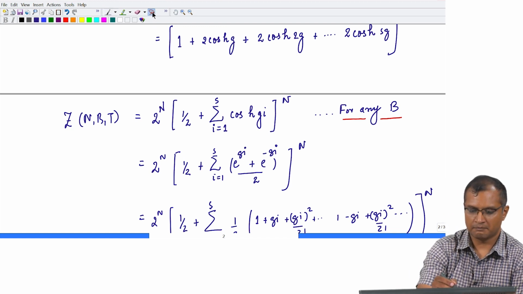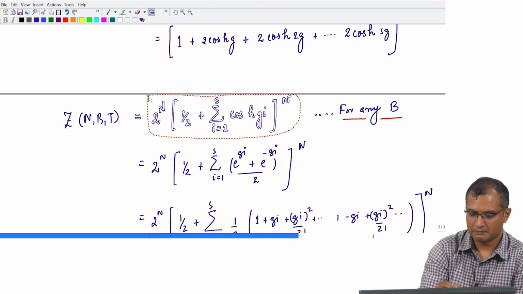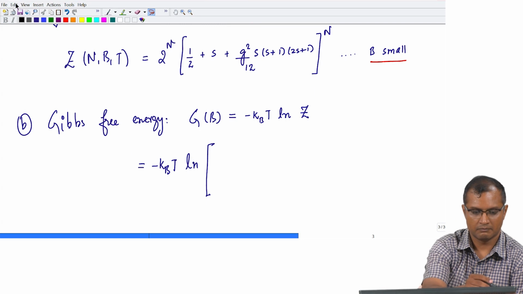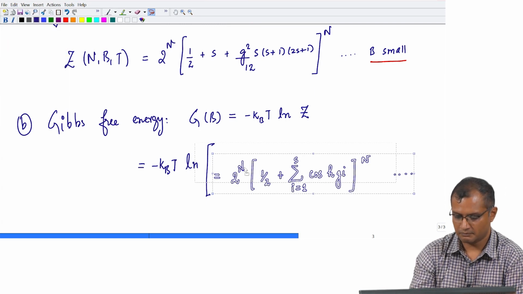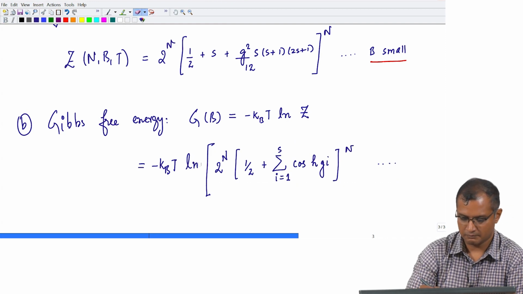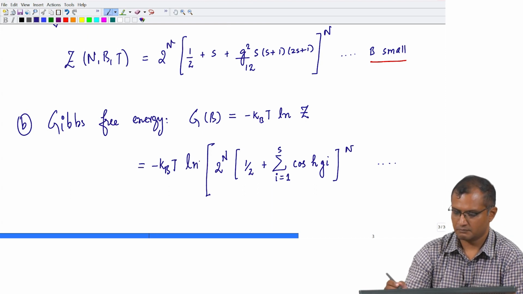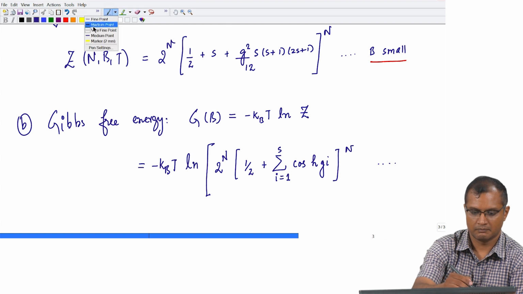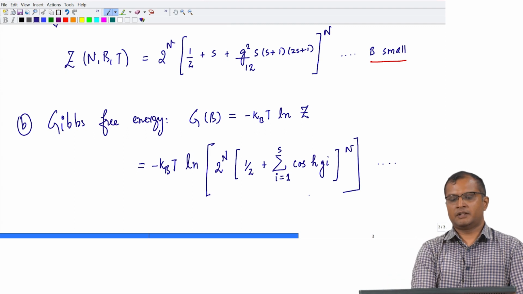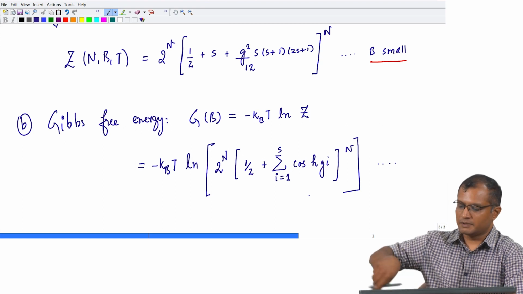So I am just going to copy. This is the partition function. You have to take a negative kT ln of your partition function. So let us do that, it is very simple.